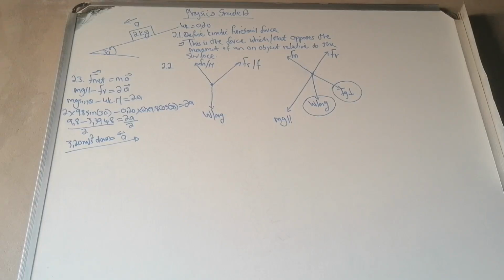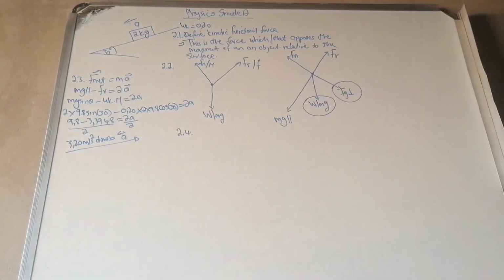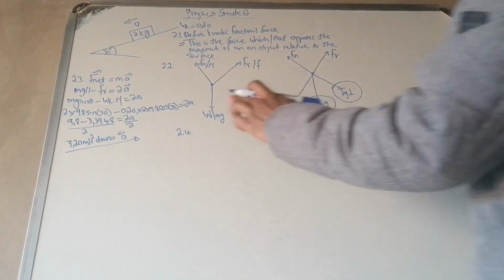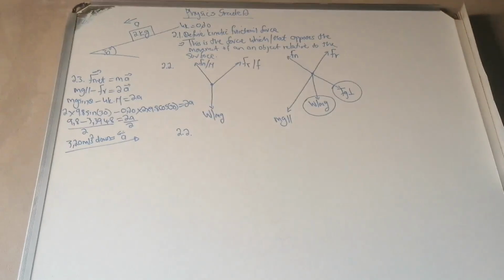Now that we are done with 2.3, let's now go to 2.4. And in 2.4, they say, in fact, there's no 2.4, that's 2.2. They say, in two adjacent buildings of the same size.